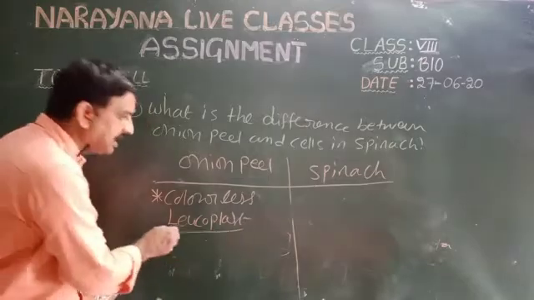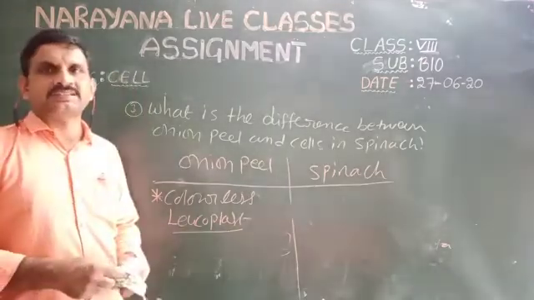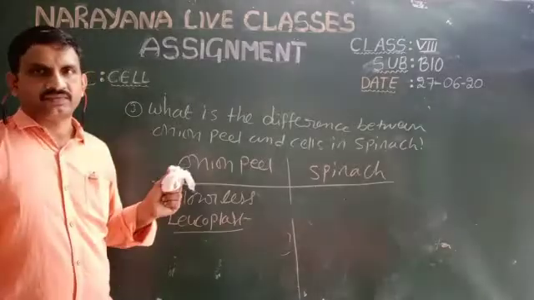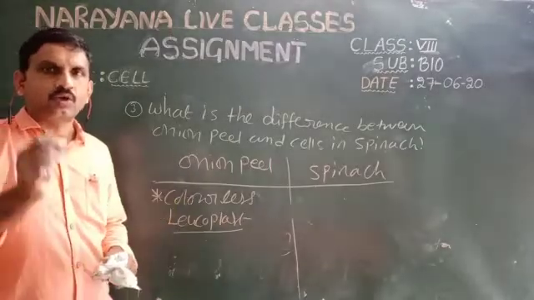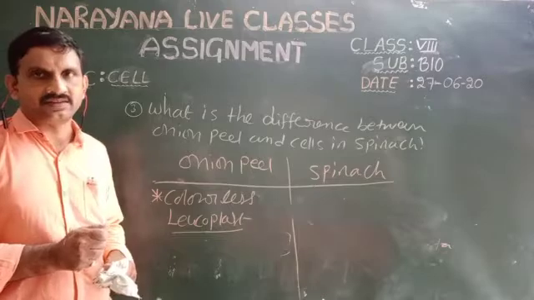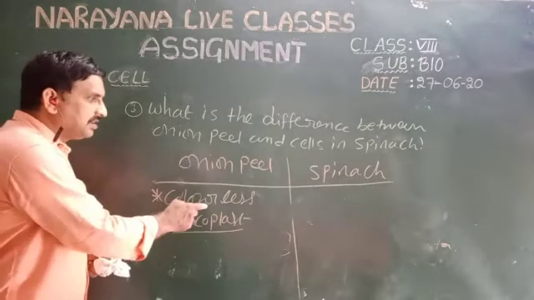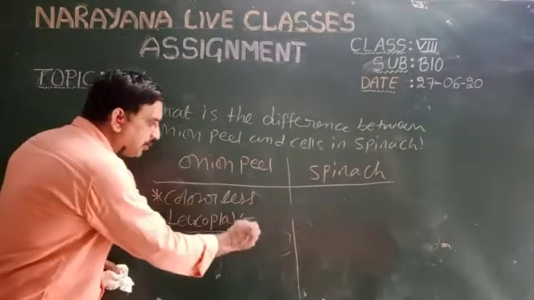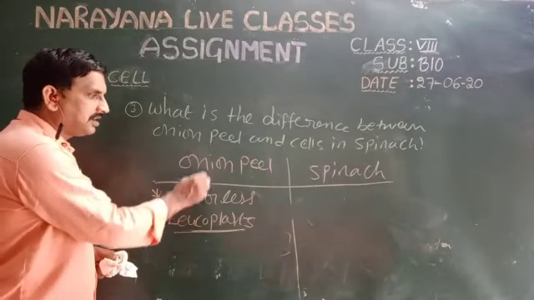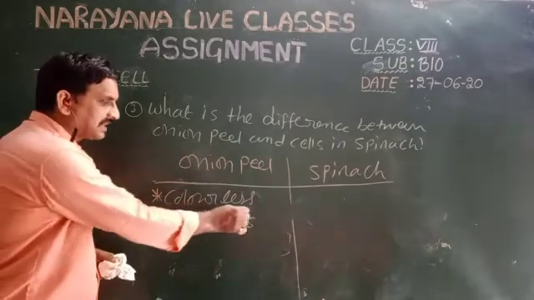Leucoplasts are the colorless plastids. Chromoplasts are the colored plastids. Chloroplast is the green colored pigment. Understood? But in onion peel, leucoplasts are present. That's why it is colorless.